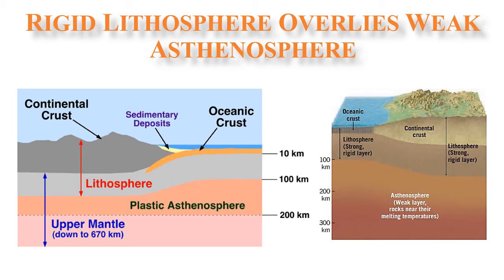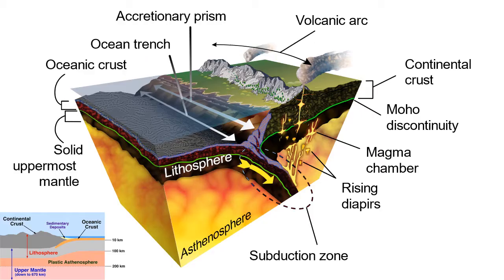Further, the composition of both oceanic and continental crust affects their relative densities. The oceanic crust is mainly composed of basaltic rocks, whereas the average composition of continental crust is granite to granodiorite. So here we can see the oceanic lithosphere, which is subducting, and the continental lithosphere, which is overriding.